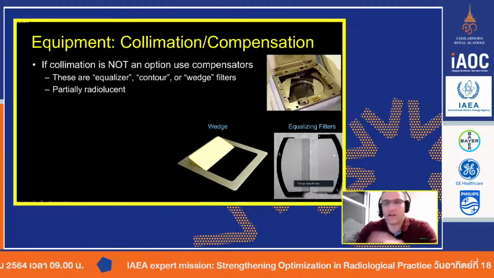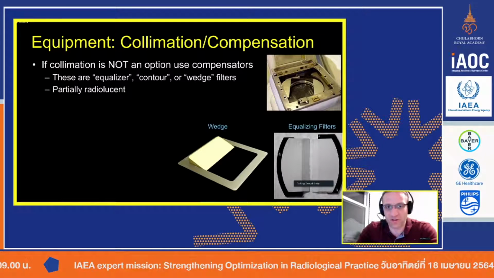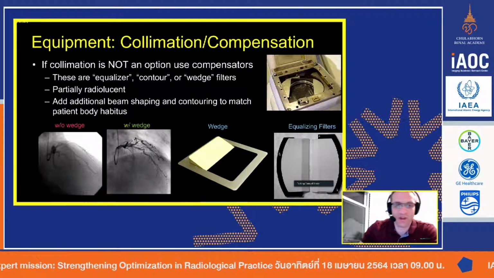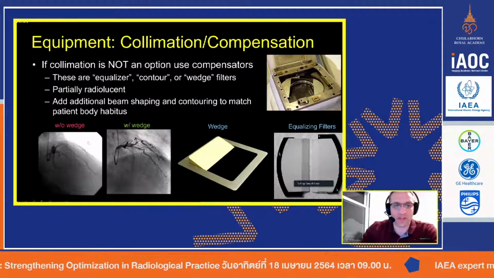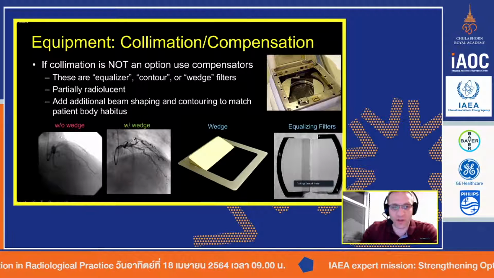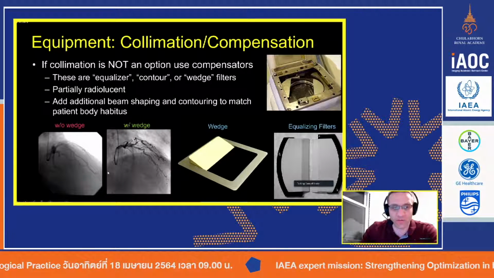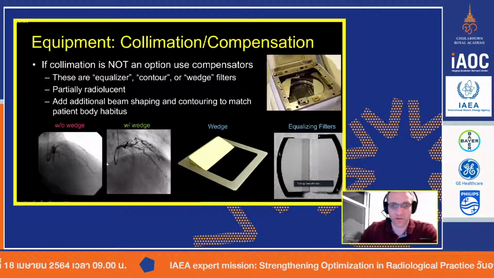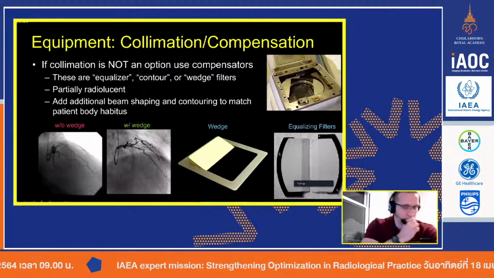Depending on the type of fluoroscopic unit you have, you may have these different special tools. So here, maybe we want to image along here on the heart, but if we put a collimator blade right here, then we'd be removing these arteries from the image.